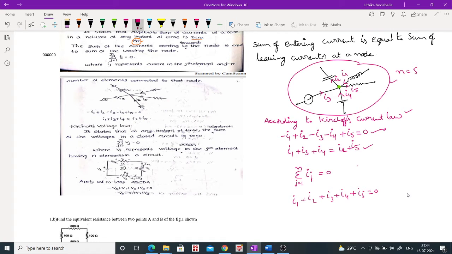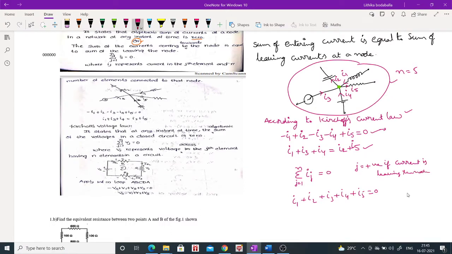So you can write j is positive if current is leaving the node, and j is negative if current is entering the node.